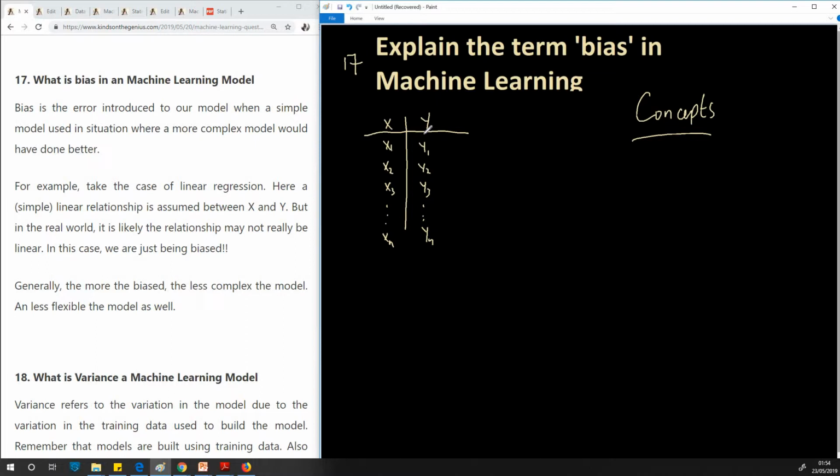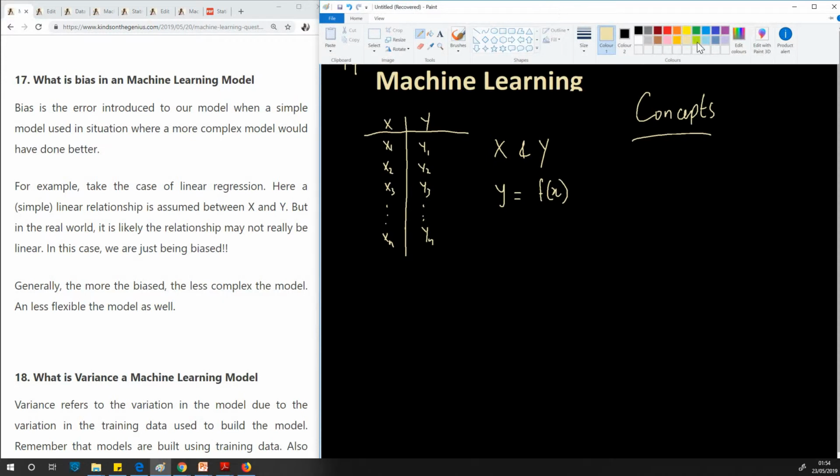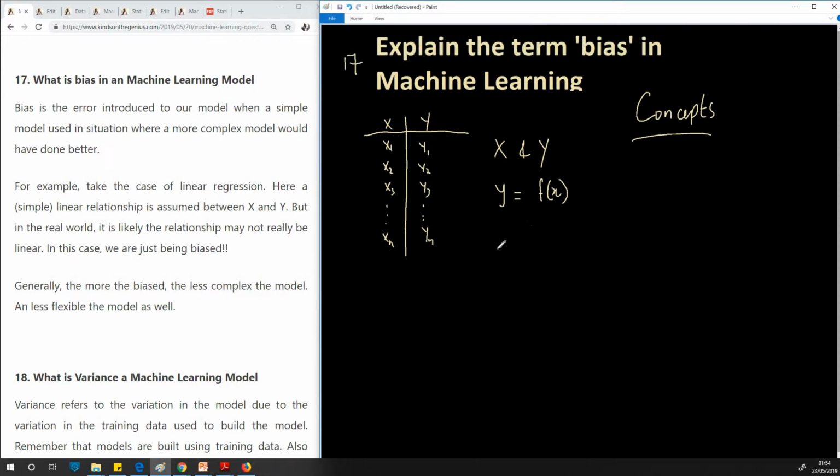The suspicion we have is that there is some relationship between x and y, but we do not know what this relationship is. So basically, we believe that there is a function y equals a function of x. We don't know this function, so we are going to assume that the function is of a certain form.